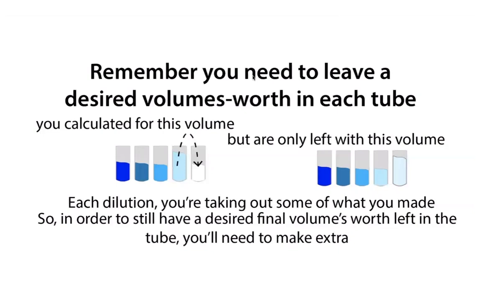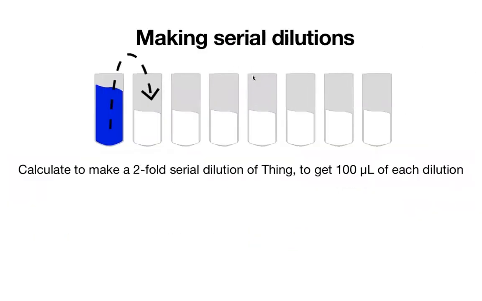And so all the other tubes are only going to have a proportion of that amount. But we can use math to figure out what proportion that is. And so we make enough of that intermediate volume. We have a big enough V2 so that our final volume is going to be enough that we want. So remember, you're taking some out of what you made each time you do a dilution. So in order to still have a desired final volume left in the tube, you'll need to make extra for each of your dilutions.